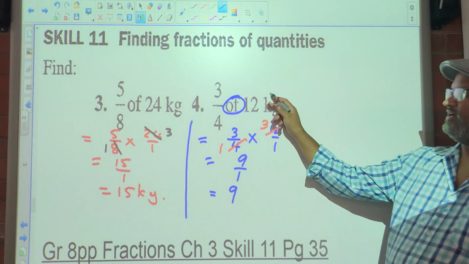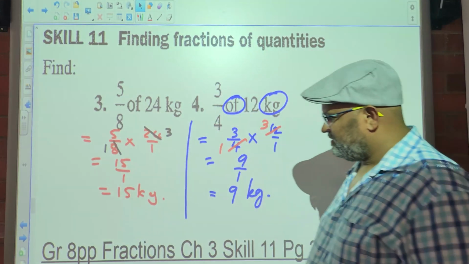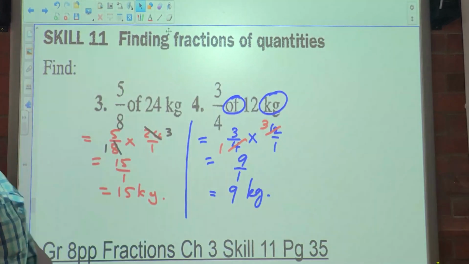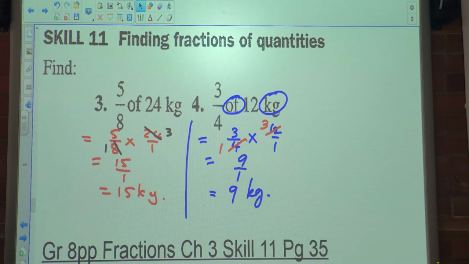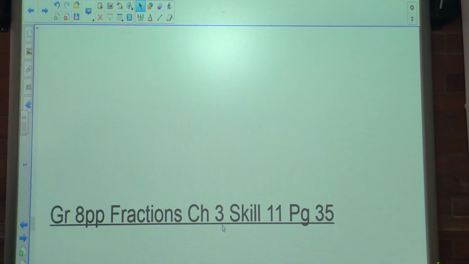Since we have an SI unit there, it's going to be kilograms. Any confusion? Any confusion, people? No. Move on with our lives.